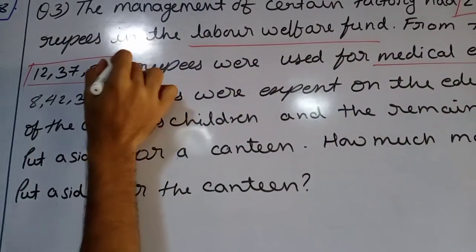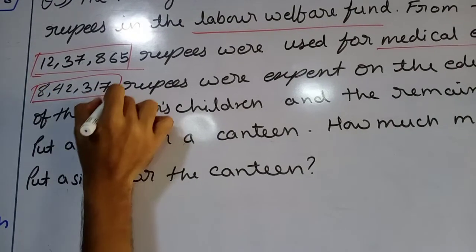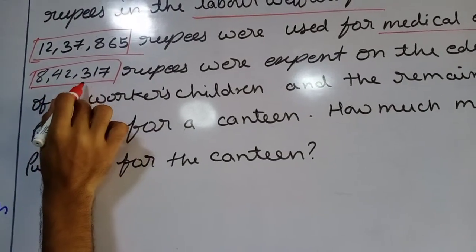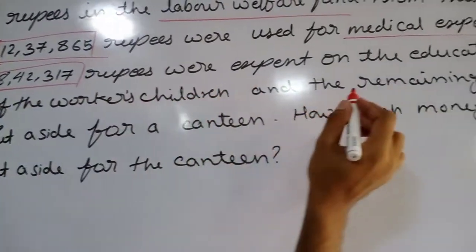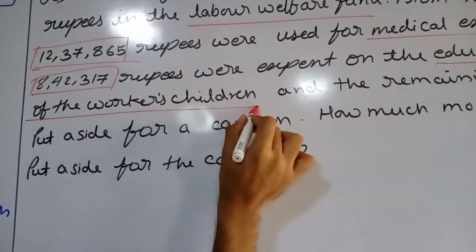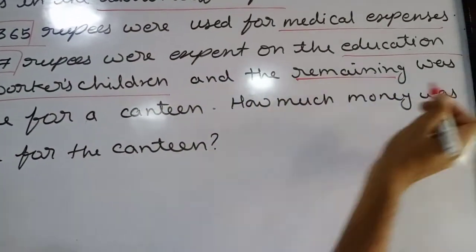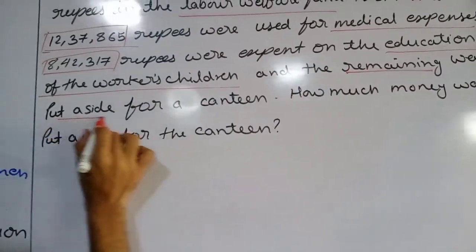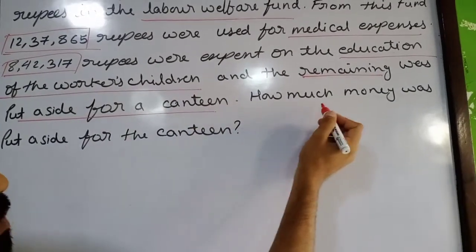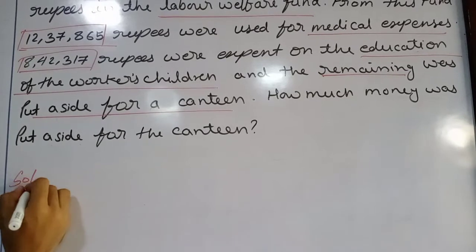This amount is used for medical expenses, and 8,42,317 rupees were spent on the education of workers' children, and the remaining was put aside for canteen. How much money was put aside for canteen? So let's start.